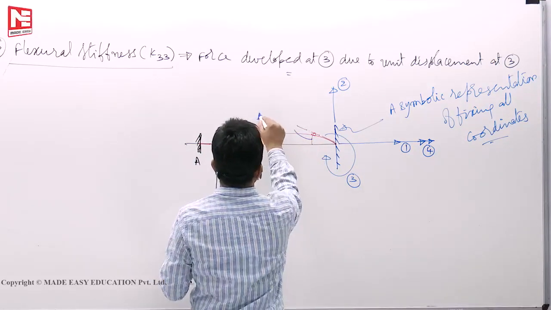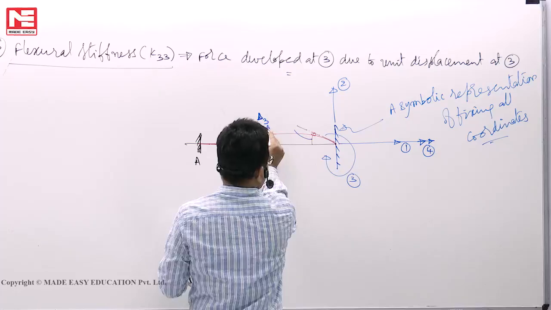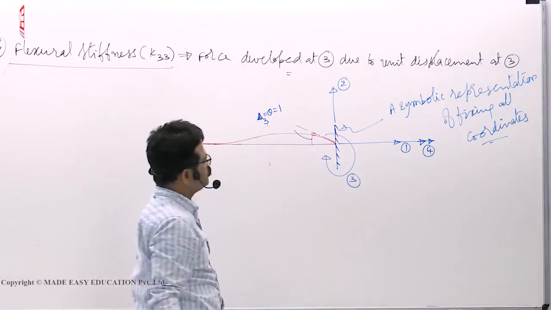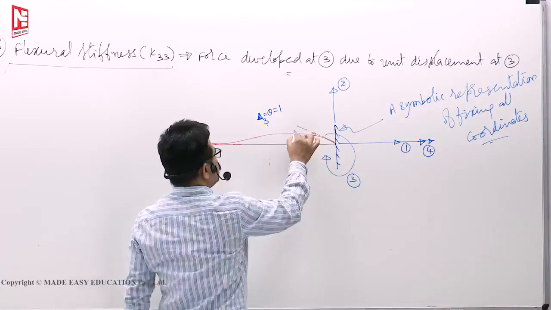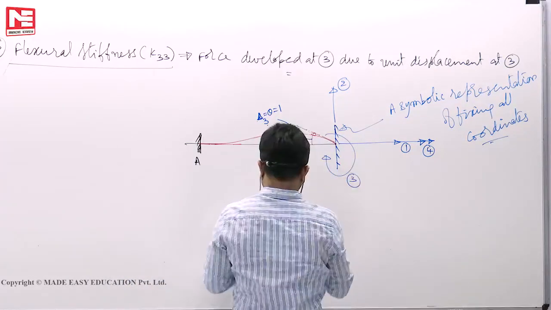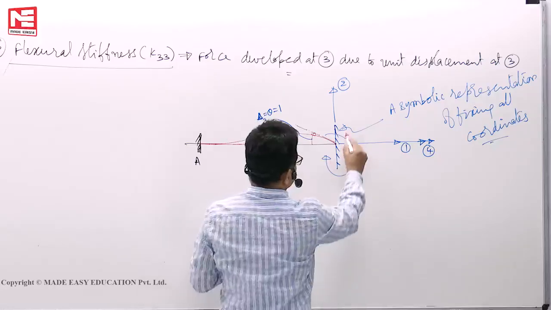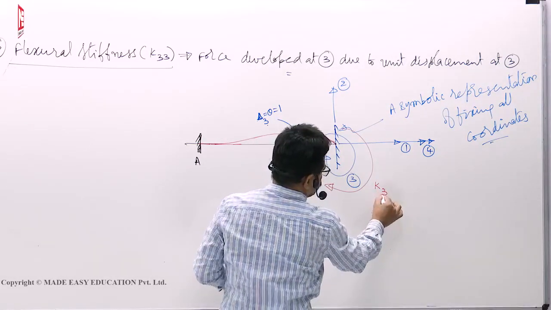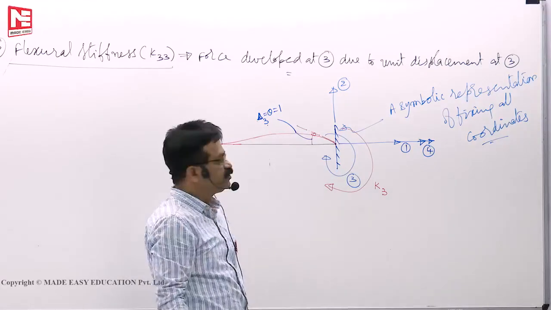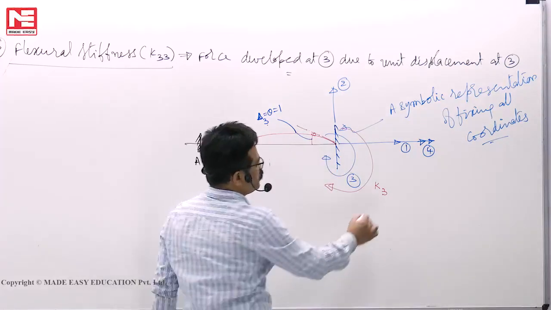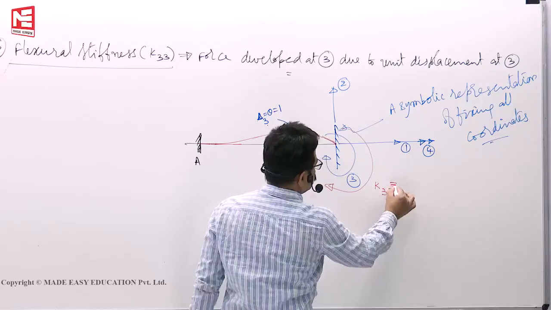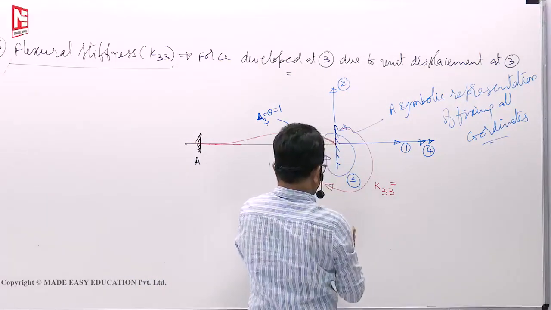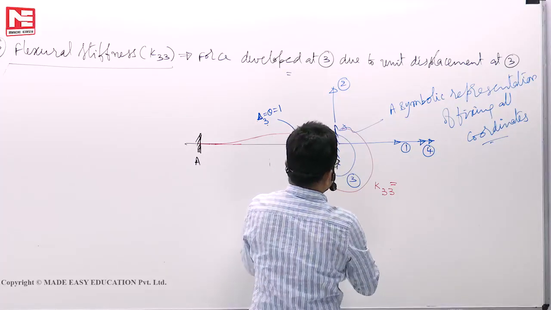This will take it as a displacement at third coordinate, that is nothing but theta. I want that to be 1. For theta to become 1, we know how much is required. How much moment you have to apply? Force at coordinate 3 because of the displacement at also coordinate 3. For this profile to happen, I told you it is 4EI by L. So K33 is 4EI by L.